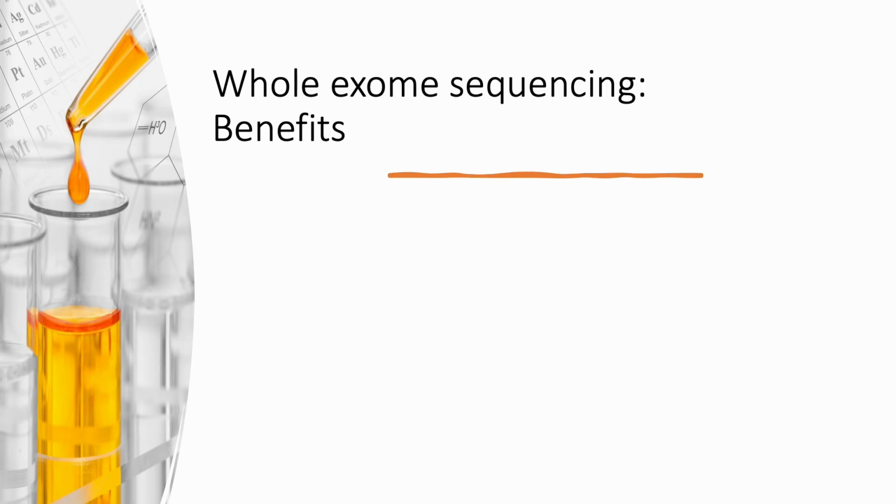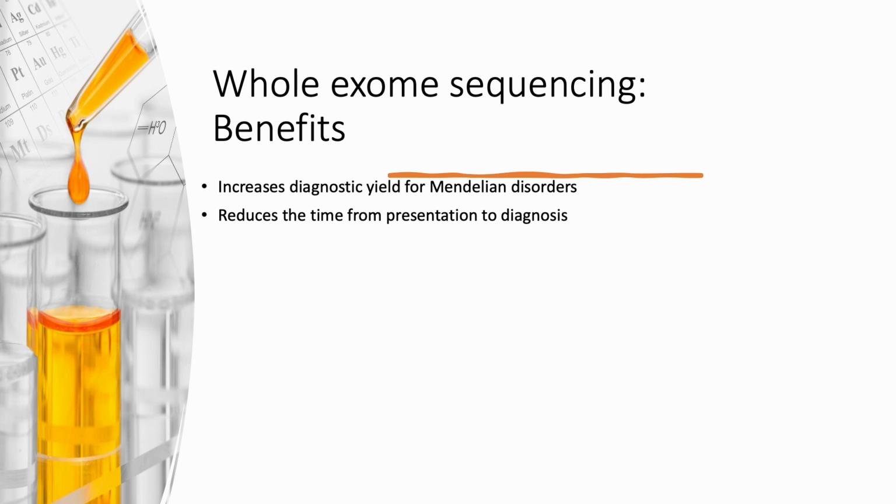What are the benefits of whole exome sequencing? One of the key advantages of whole exome sequencing is that it significantly increases the diagnostic yield for Mendelian disorders. This means that more patients receive accurate diagnoses, helping guide treatment decisions. Whole exome sequencing also reduces the time from presentation to diagnosis. For families and patients facing uncertainty about their health, this speed can be crucial.